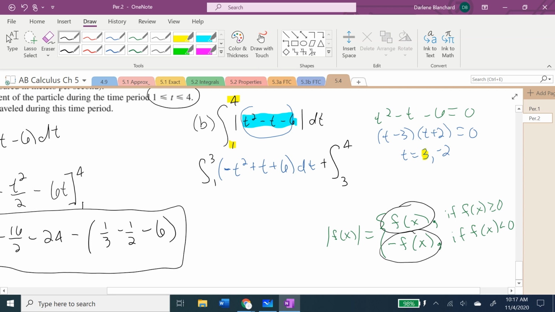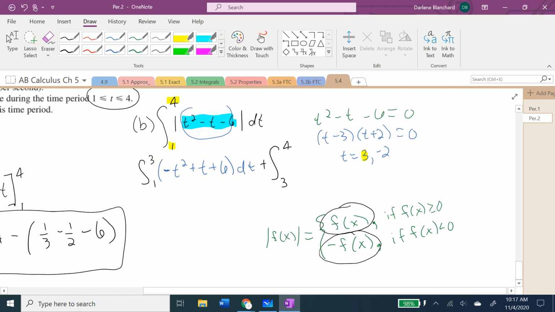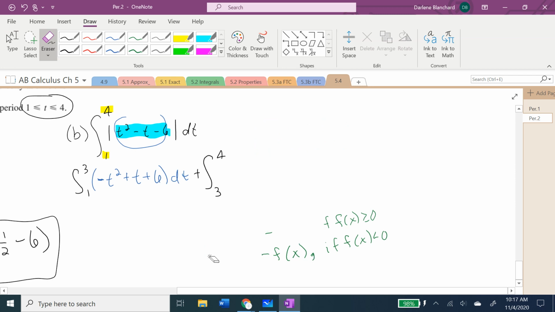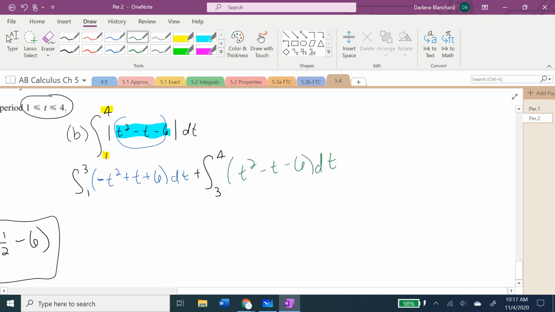And when I'm between 3 and 4, is that quadratic positive or negative? So that means that I'm just going to write the function as is. Then I'm going to integrate.